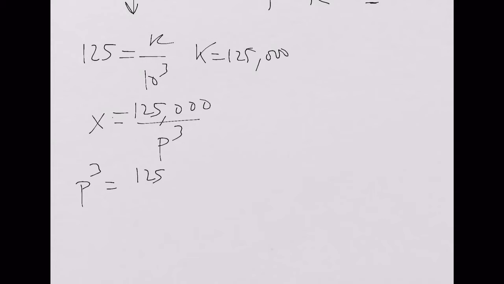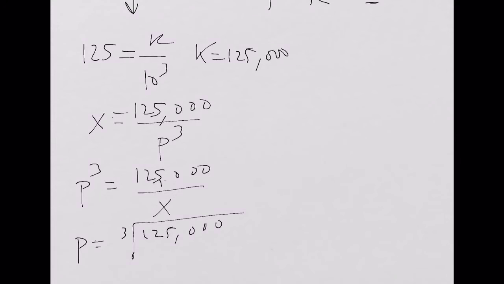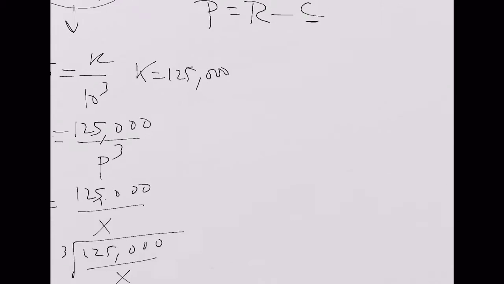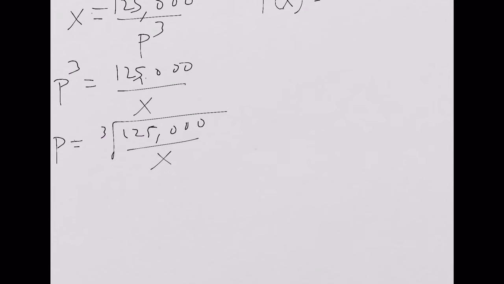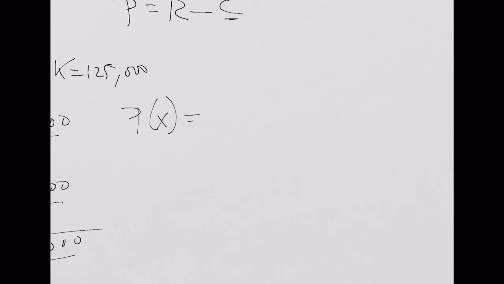So a little bit of algebra, and I get this, and then P will just be the cube root of all this. So almost to the point where I can write my profit equation, because it's revenue, which is my price times quantity. So I have that equation.